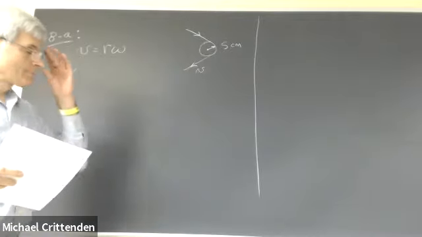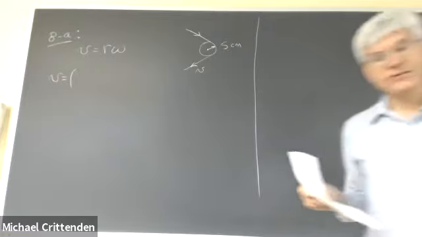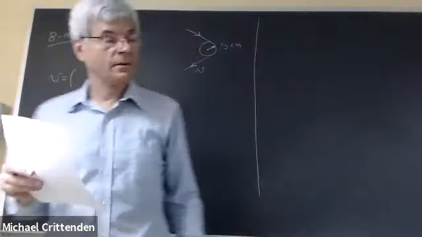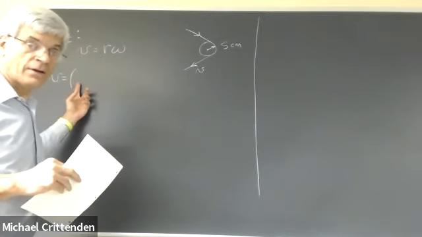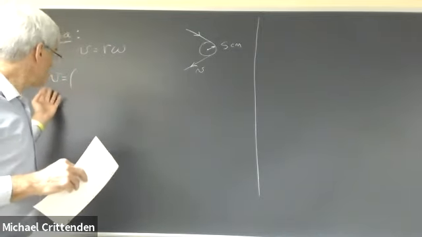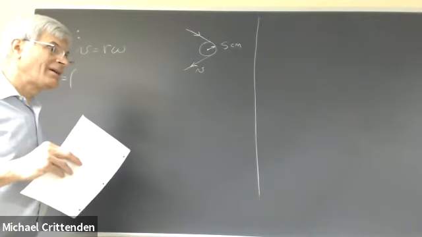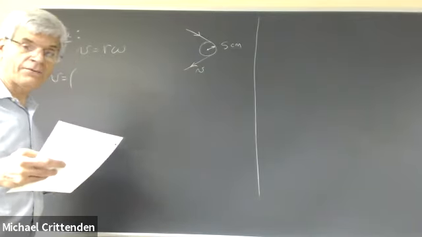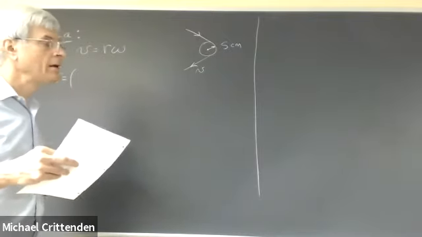Well, the question doesn't specify units. So I could leave the radius in centimeters, and if I did that, then the speed would come out in centimeters per second, and that would be okay. If this was a test question, I'd give you full credit for that.